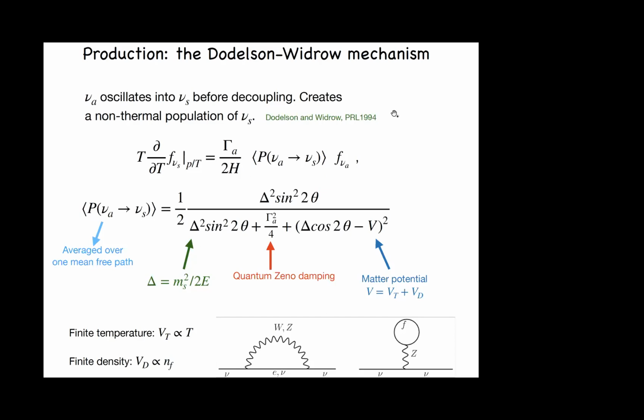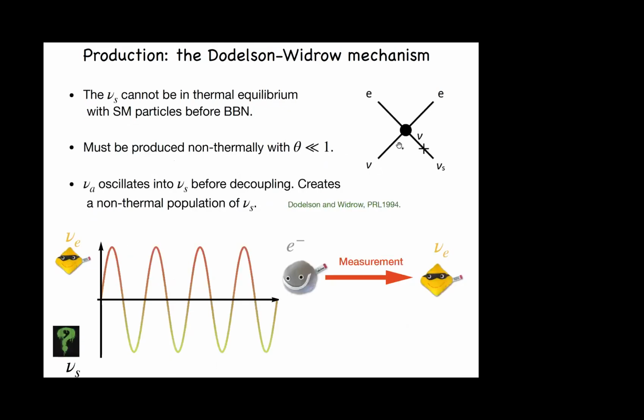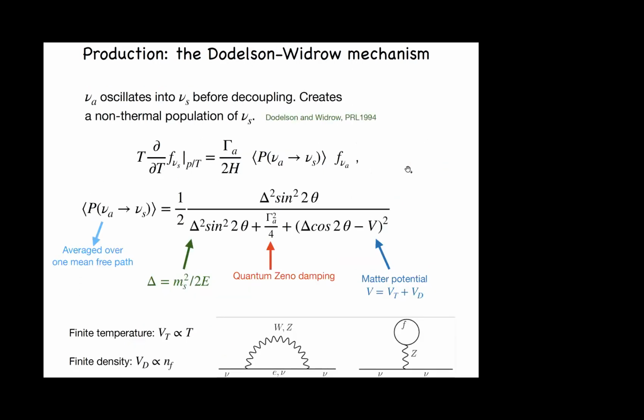As you remember the story from here, you need active neutrinos to oscillate into sterile neutrinos, and every once in a while you need the active neutrinos to undergo an interaction of this form so that they can oscillate back into sterile neutrinos again. So in order to understand the time evolution of these sterile neutrinos, you need the active neutrino distribution function.